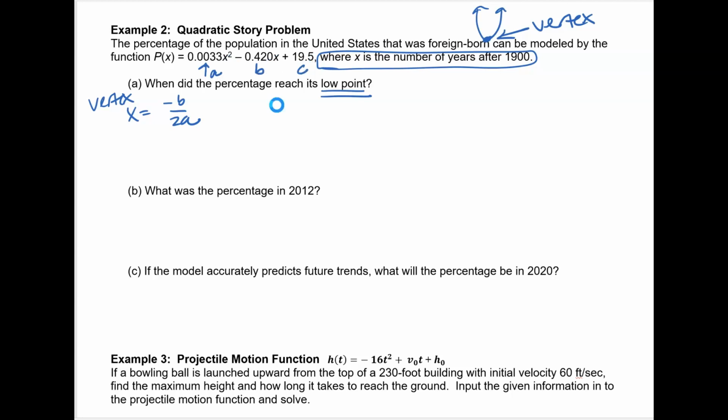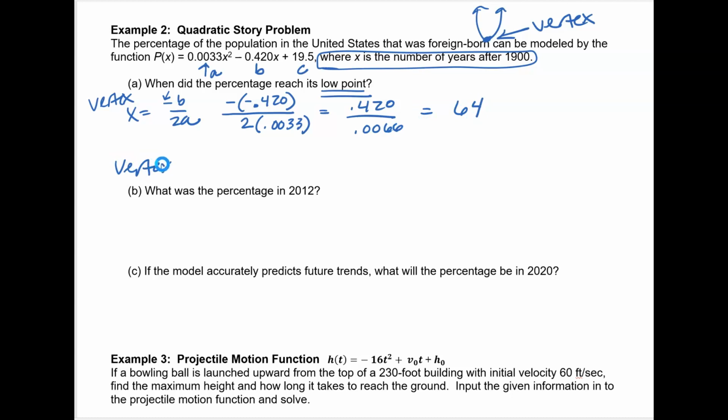This is b, this is c. So I'm going to do negative 0.420. Notice negative is in the formula. So if b is negative, you've got to account for both of those negatives there. Divided by 2 times a, 0.0033. And when I do that, I get 0.420 divided by 0.0066, and I end up getting 64.